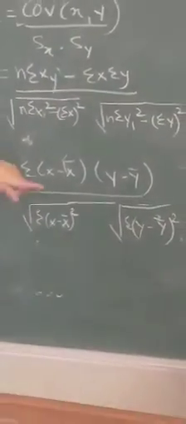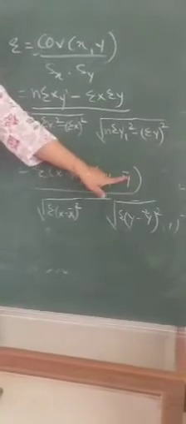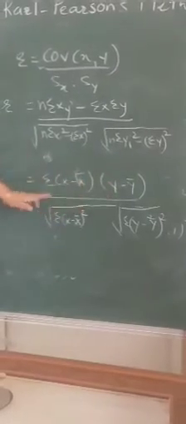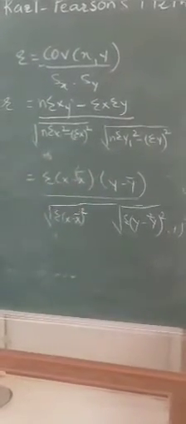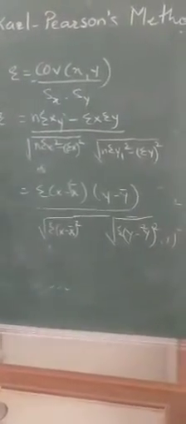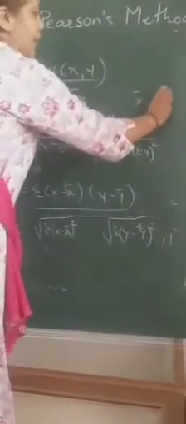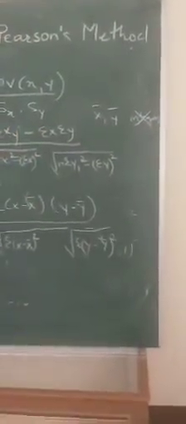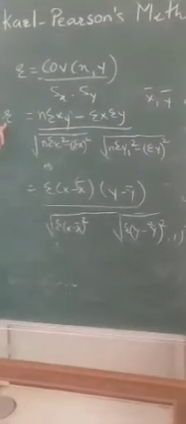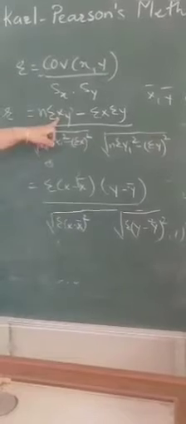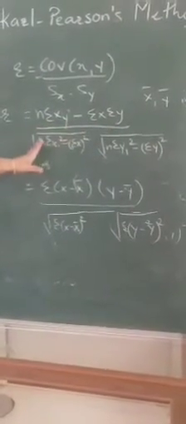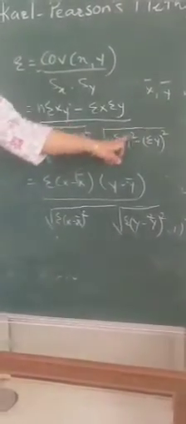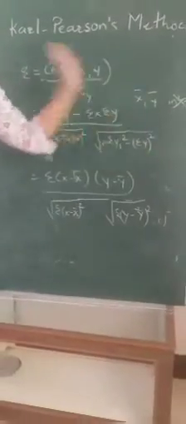If the values of x bar and y bar are integers and of small value, you can very easily calculate the correlation coefficient by this formula. But in the case where the values of x bar and y bar are not integers, then you can use the formula for the correlation coefficient as n summation xy minus summation x summation y upon square root of n summation xi square minus summation x whole square into root of n summation yi square minus summation y whole square.